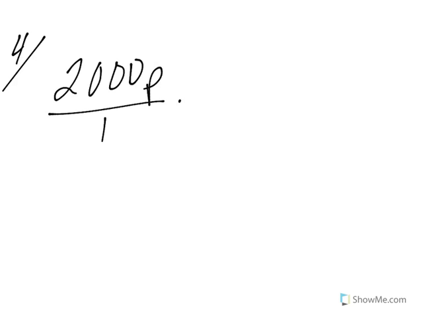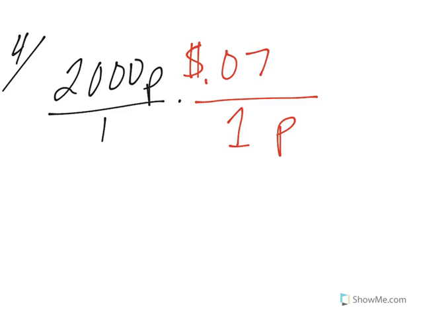Let's go to number 4. You return from Cancun with 2,000 pesos. So 2,000 pesos. Okay. How much are they worth in US dollars? So, what do you want on the bottom? 1 peso. That means you're looking for dollars in the top. So we're looking for in US dollars. So we go to the Mexican peso, and we've got 0.07473.